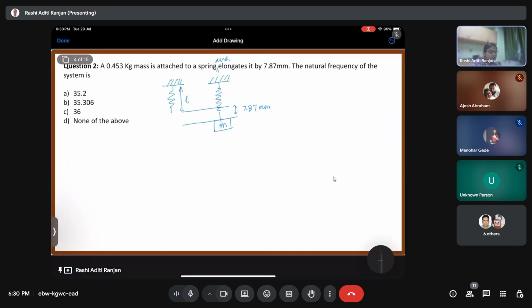Okay, so this elongates by this much. Now, see, this is just a model. The system should have a damping. It is true because even if I just take a spring and try to attach a mass on it, it is going to oscillate, and after some time, the oscillation is going to diminish. Reason being that we have air drag, so energy will get dissipated.